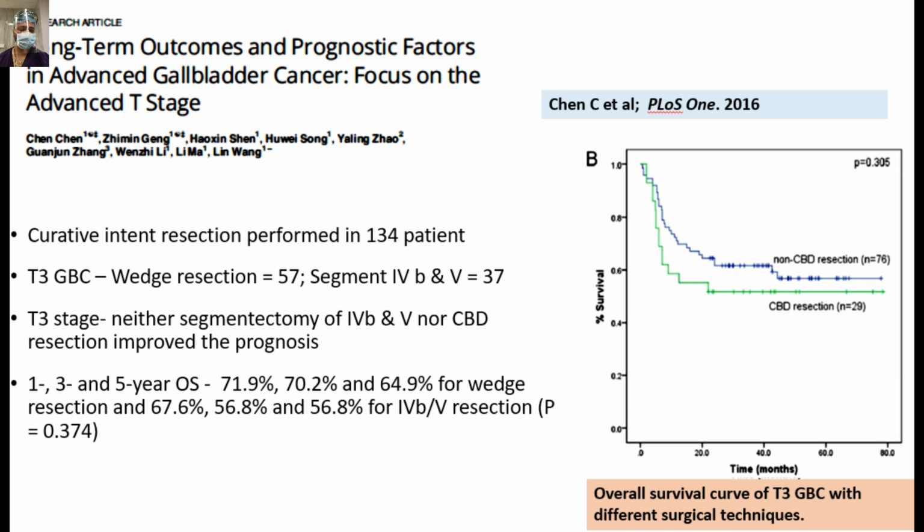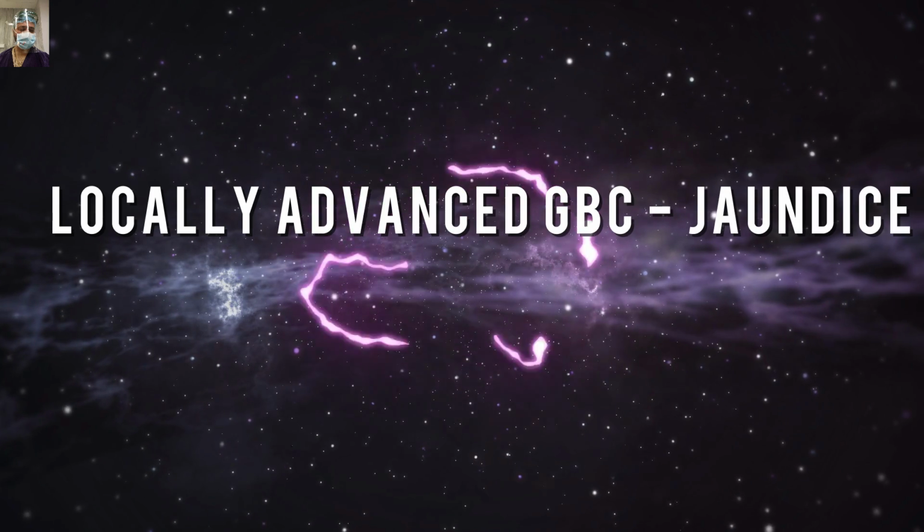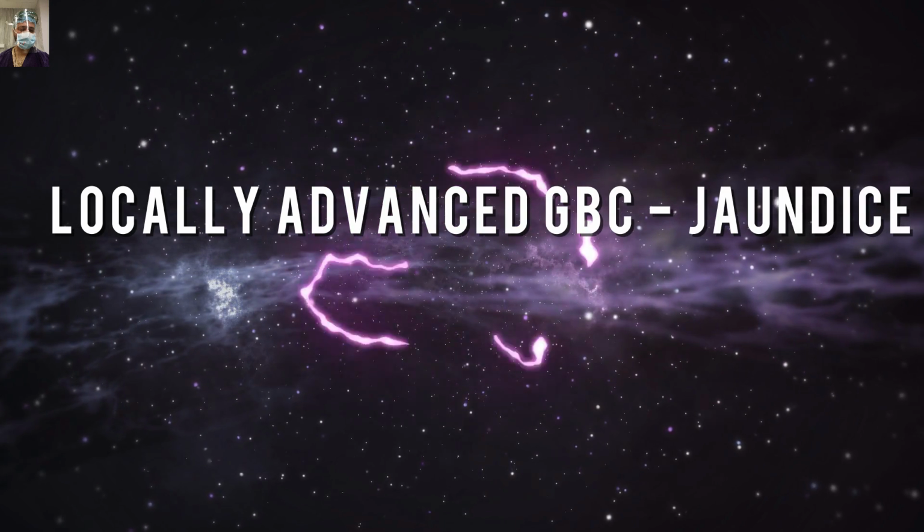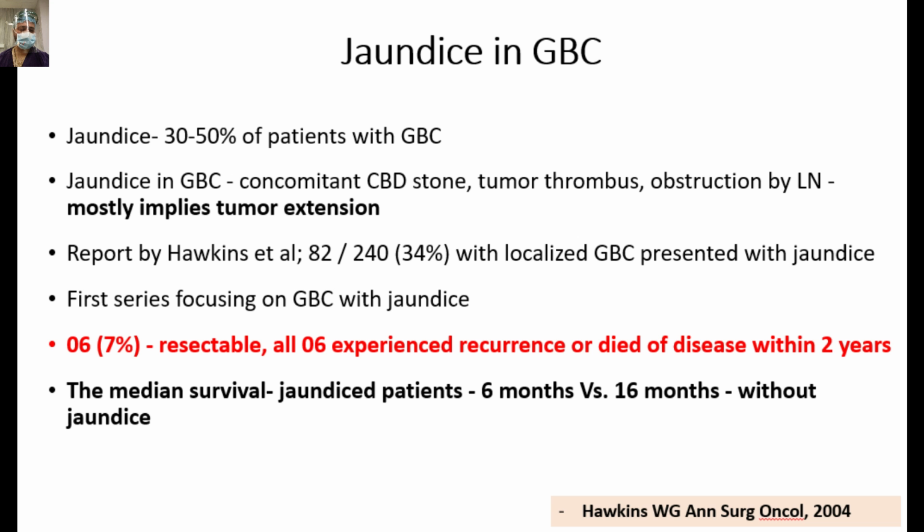Another interesting controversy in gallbladder cancer is the patient presenting with jaundice. So friends, 30 to 50% of patients with gallbladder cancer will present with jaundice, and the jaundice in gallbladder cancer can be due to a concomitant CBD stone.